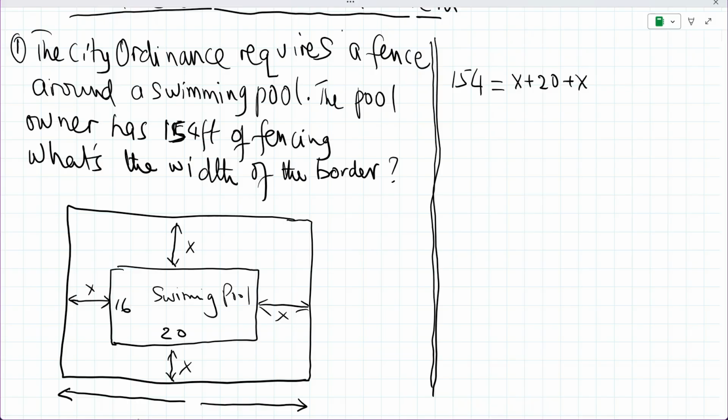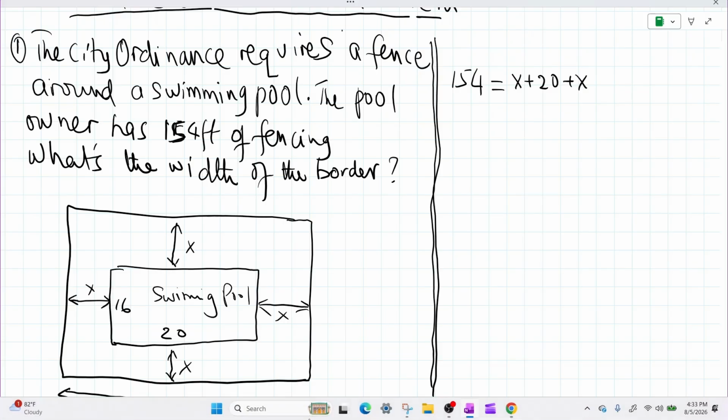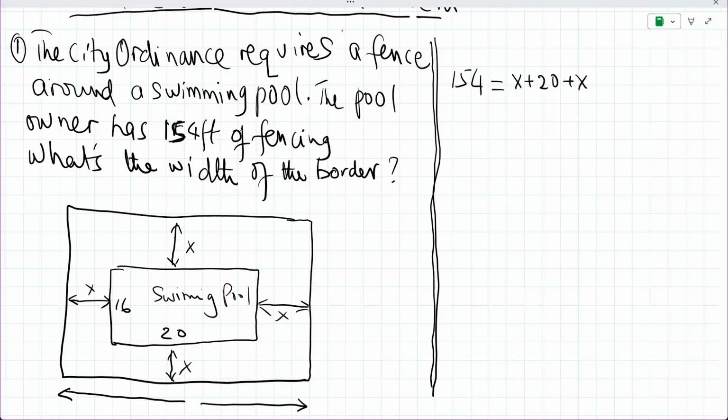But since we are trying to find the perimeter of this border, we need to multiply this length by 2 because we have an equal distance on the opposite side. So this distance will be multiplied by 2.